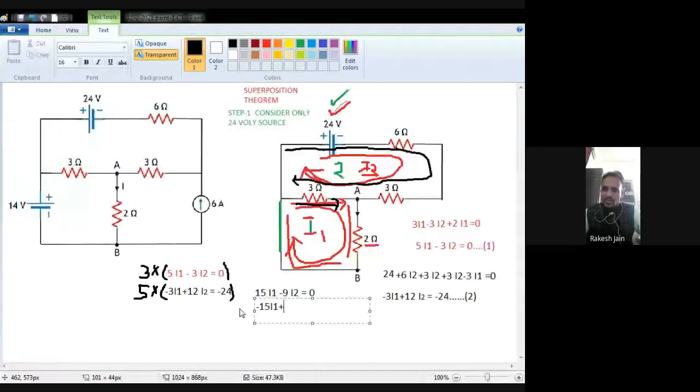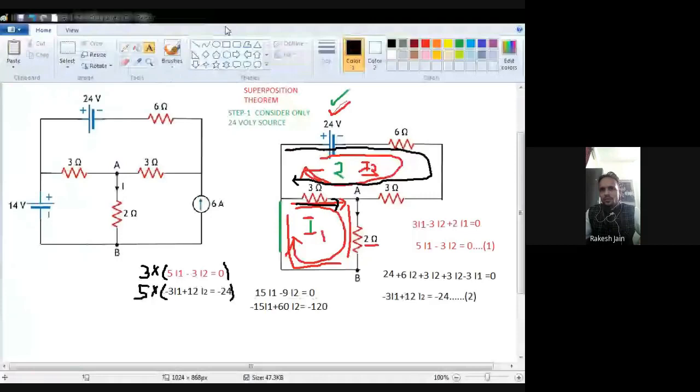Now I come here. See, a 3 ohm resistance is there. No other current passes through this 3 ohm, so my current is I2. So write down with a positive sign, plus 3I2. Now I go to the next 3 ohm resistance, from right to left. But one more current I1 also passes through this from left to right.